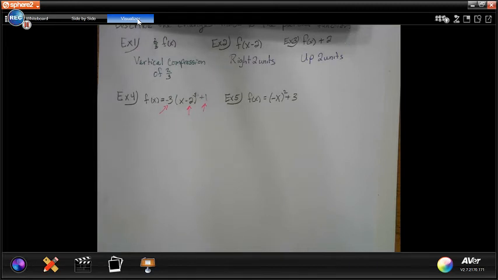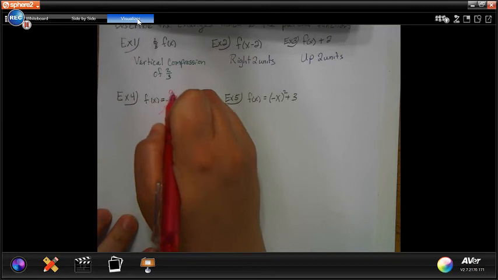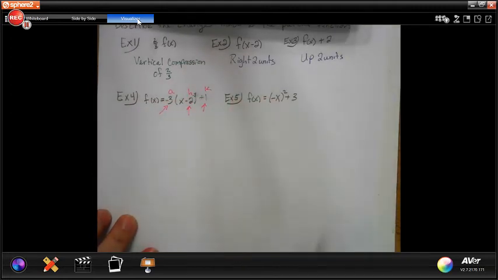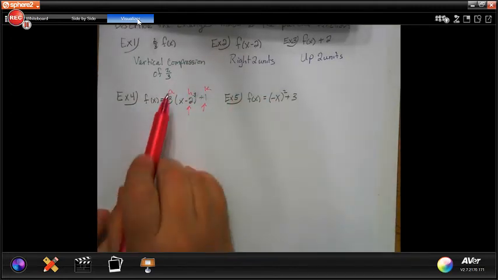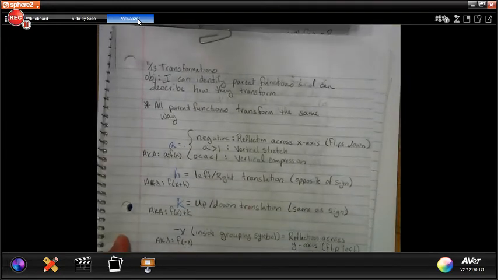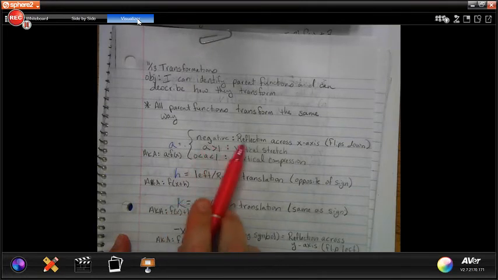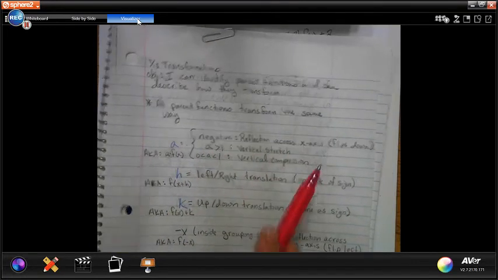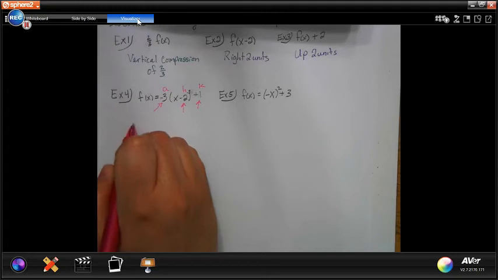So we have to identify the changes. So remember, it's alphabetical order, A, H, K. So our A is -3. A is negative. A negative is a reflection across the x-axis. So we write it down.